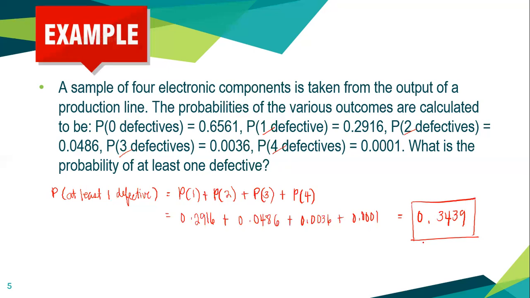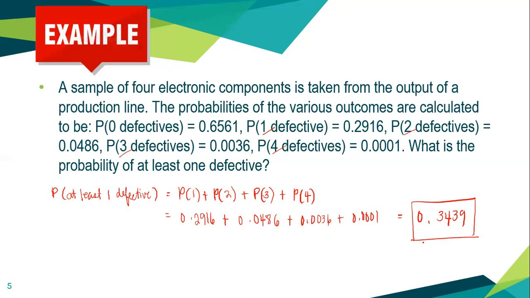But then, kung medyo nahahabaan kayo dun sa solution of adding it all or summing it up, meron namang isa. Kung natandaan nyo kanina, diniscuss ko yung idea or principle of having complement. Ibig sabihin yung kabaliktarang outcome. So kung ang sabi, at least miski daw merong isang defective, di ba yung zero defective, wala. Tama?